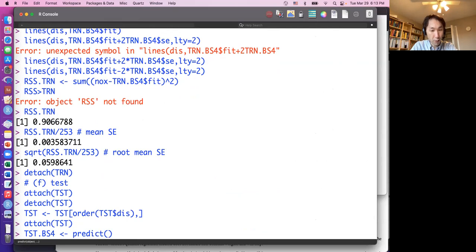So we want to only calculate the fitted value based on the existing model BS4. So we use BS4, but we have to replace the data. We have to specify the new data as TSD. The new data should have the same structure as the old data. We have used NOx and the distance, so we need those two columns in the new dataset with exactly the same names.